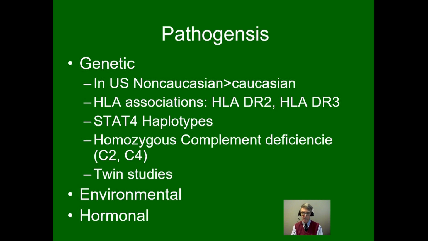In particular, I wrote deficiencies of C2 and C4 complement, complements used by the immune system to kill cells that it's trying to attack. In twin studies, there's a much higher concordance of identical twins in having lupus than fraternal twins. In other words, if they're identical twins, there's a much greater chance that they will have lupus.